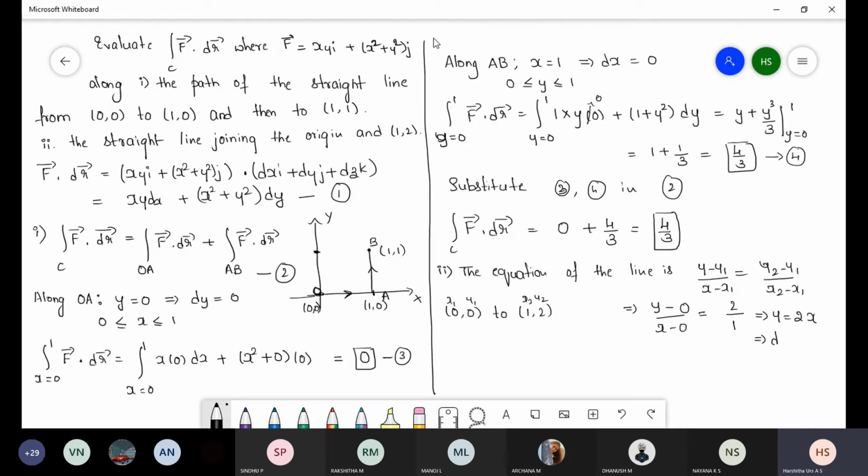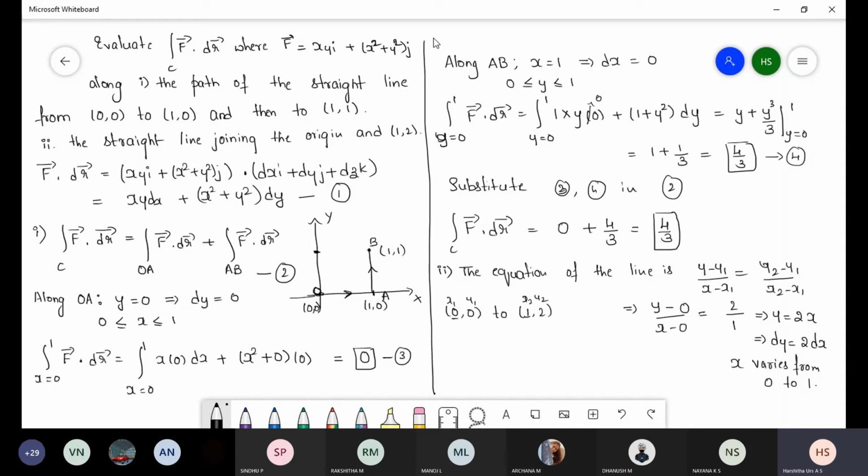Same thing, dy is equal to 2 into 1 dx. Here all the terms we are writing in terms of x. So x varies from 0 to 1.